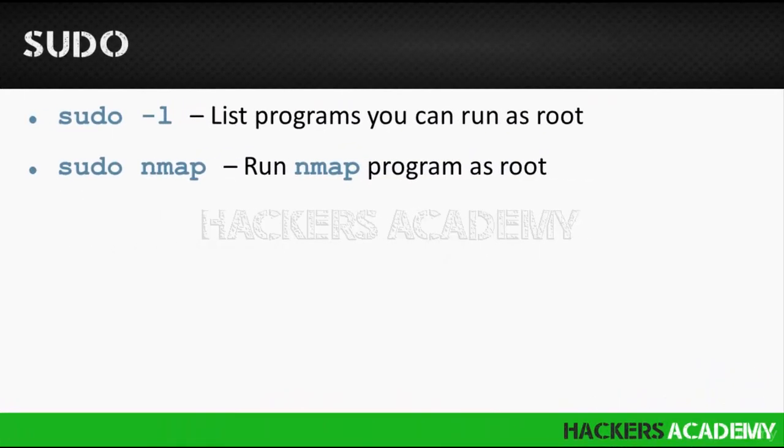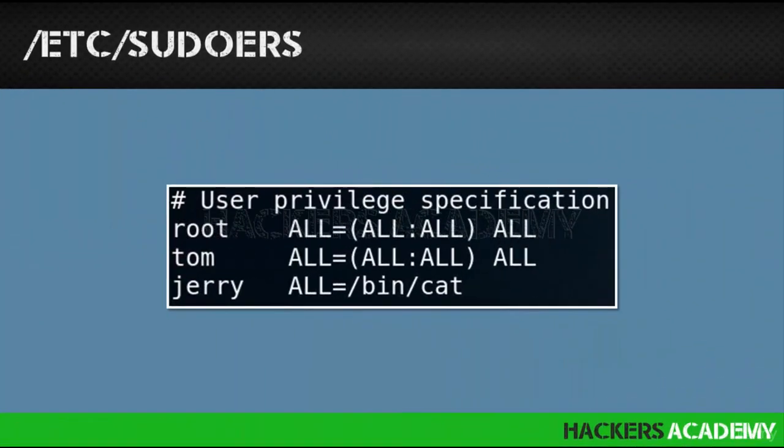To do that, to see what kind of programs you can run as root, you do sudo -l. This lists the program that you can run as root. To run a program as root, let's say I want to run the cat command or the nmap command as root, you use sudo. So for example, sudo nmap will run the nmap program as root. You can set these privileges of who can run what as root in a file called the sudoers file, which is usually under /etc/sudoers.